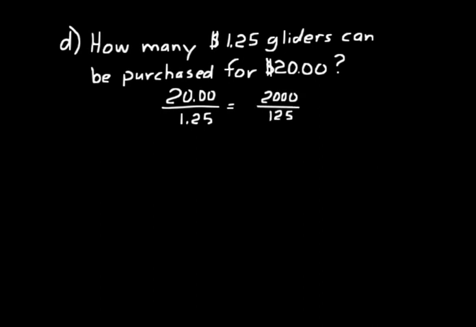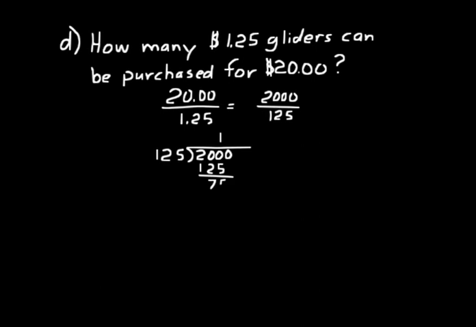over 125. We're thinking about this in terms of dollars and cents. We've really just changed this to 2,000 cents over 125 cents. Let's just go ahead and do division now. 125 and then 2,000 is the dividend. 125 goes into 200 one time.